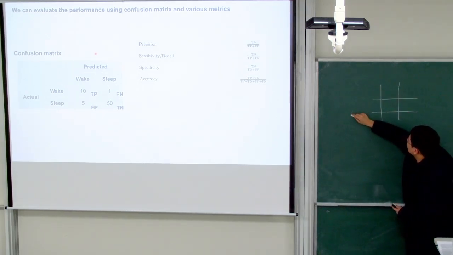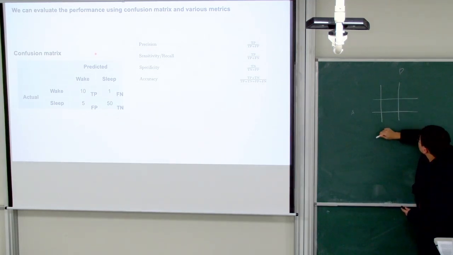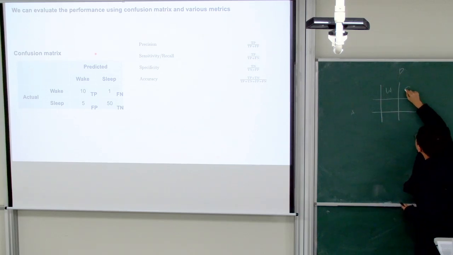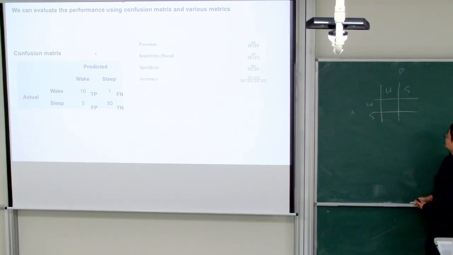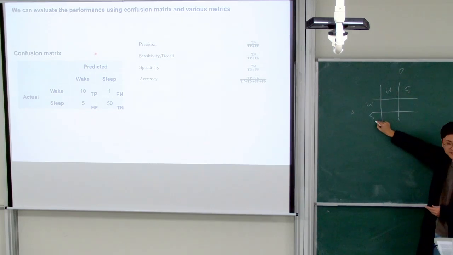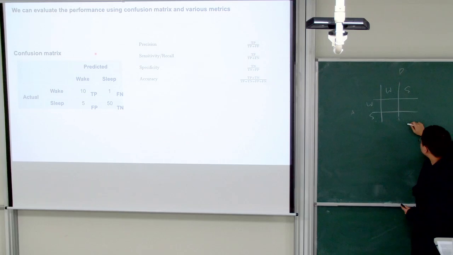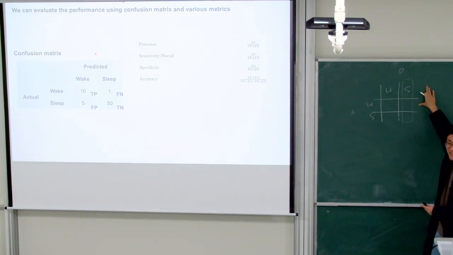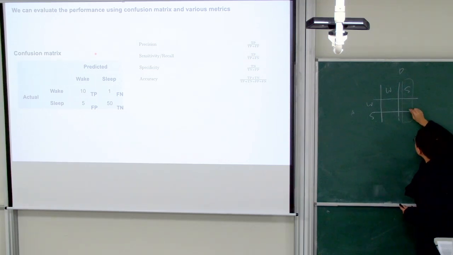So this is actual, this is predicted, wake, sleep, wake, sleep. So for example, we predicted the whole thing as sleep, but in reality only 1 is wake and 99 is sleep.